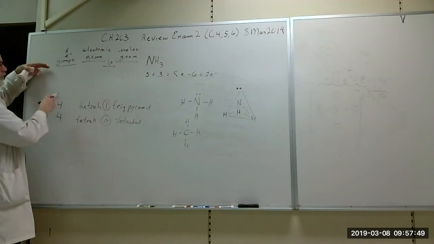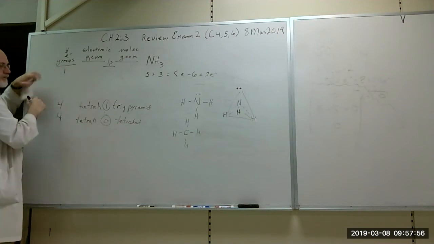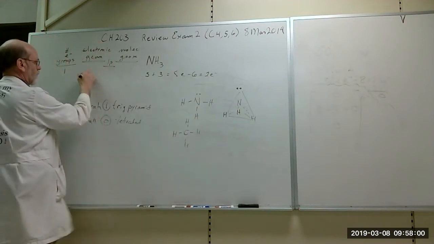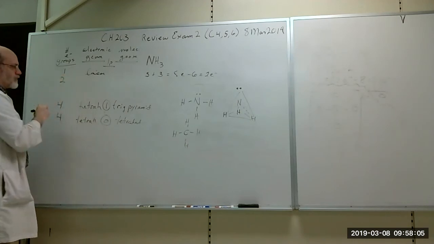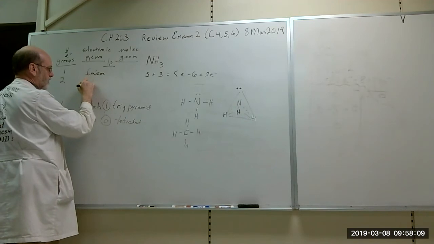Now, the groups here, if you have one electron group, say this one's bound to just one other one, it's always linear. If you have two groups, they're also going to be linear.